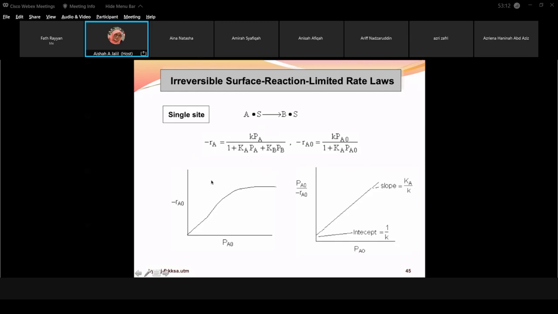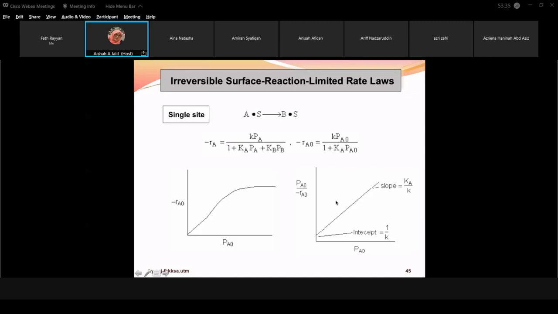Okay. Sometimes they give you a table, a set of data, and then they give you the condition of the reaction, and the question wants you to check whether your rate limiting step fits the data or not.